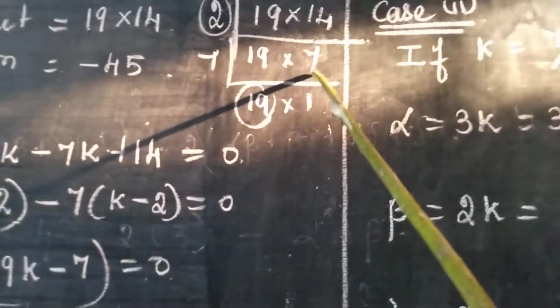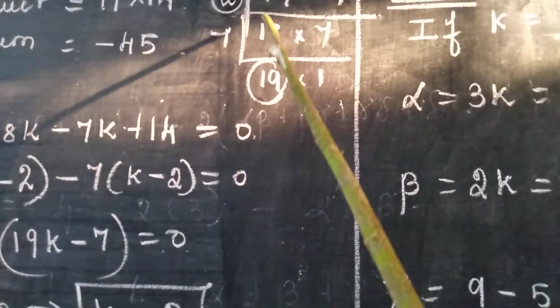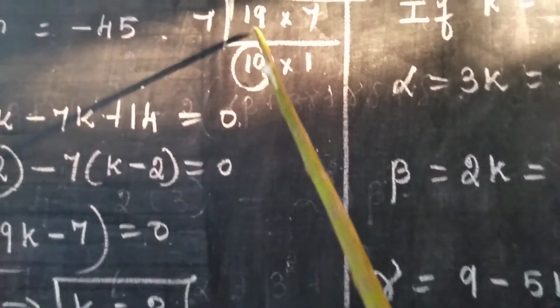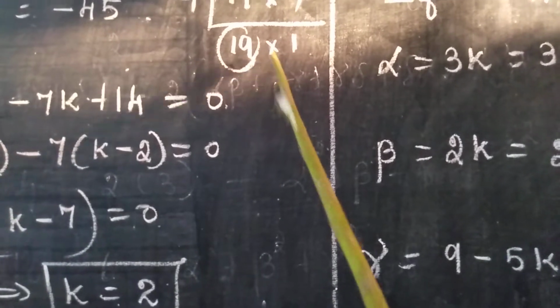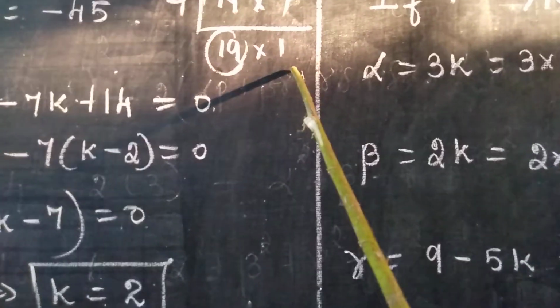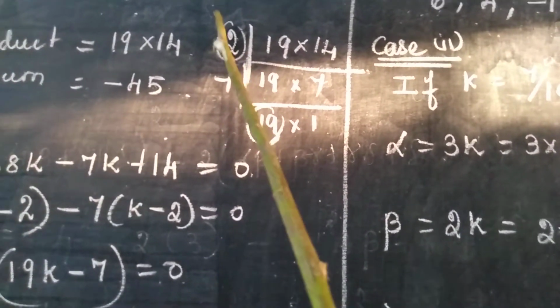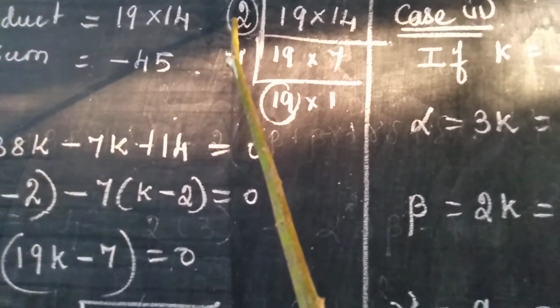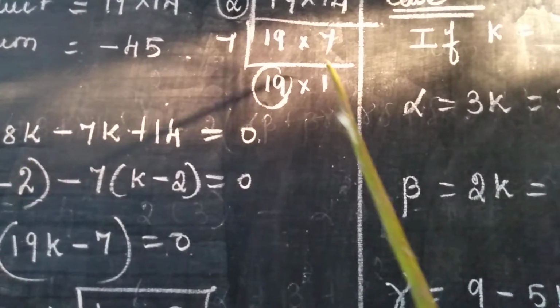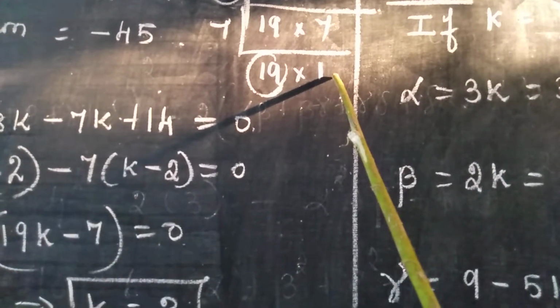Next we divide by 7. Again we cannot divide 19 by 7, so 19 remains the same, and 7 divided by 7 remaining is 1. Now I take the two numbers: 19 into 2 is 38, that is one number, and 7 into 1 is 7, that is another number.